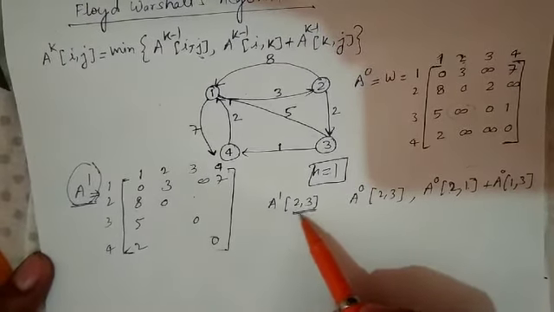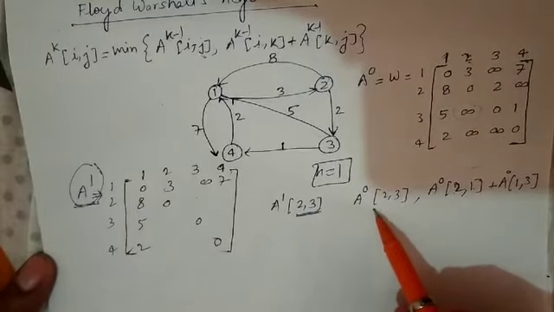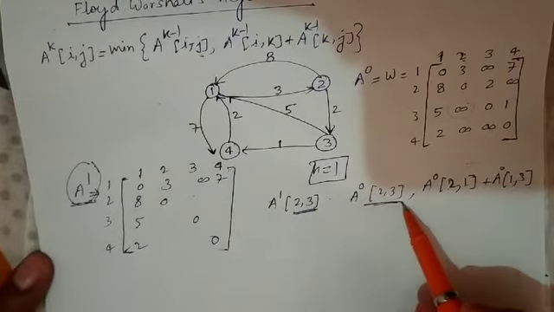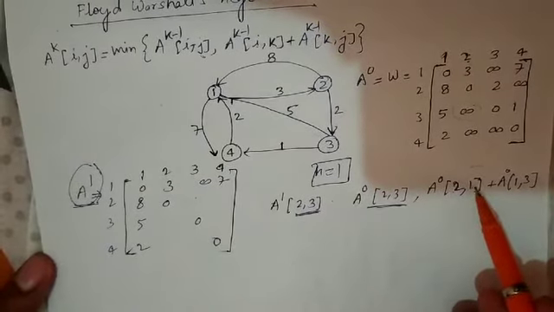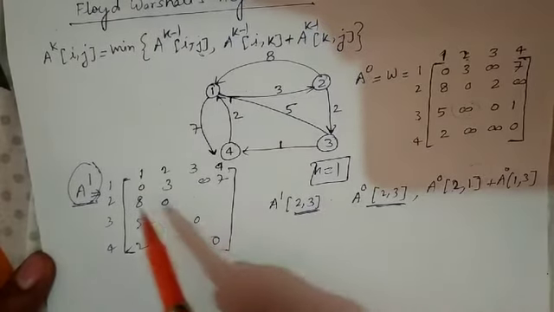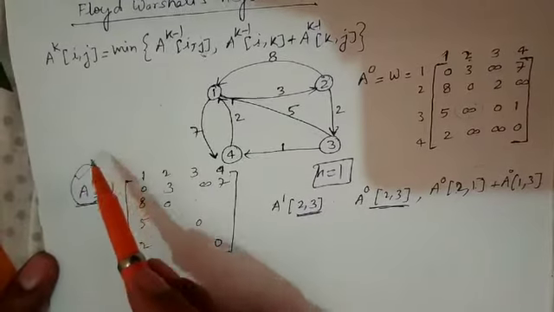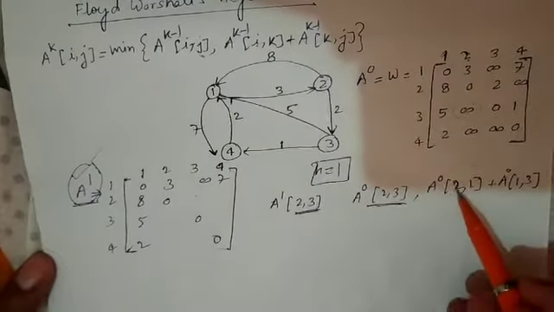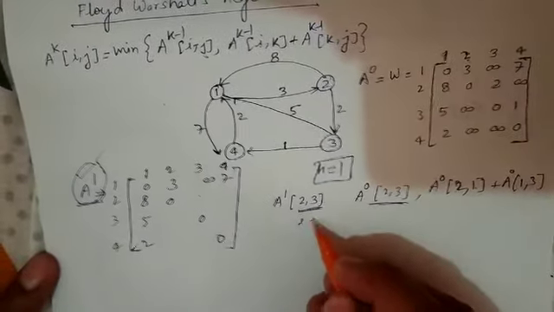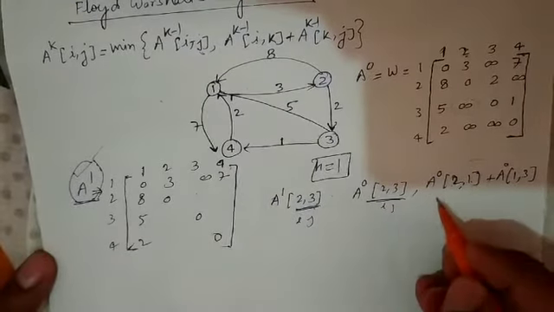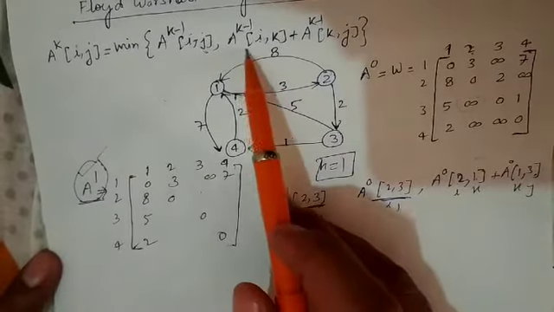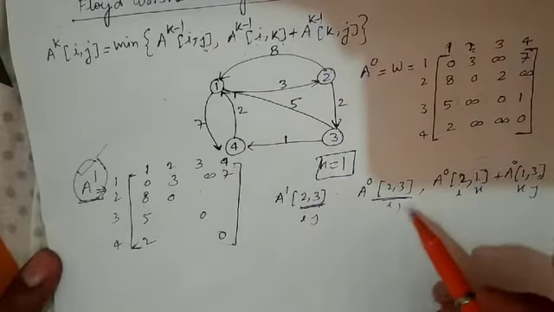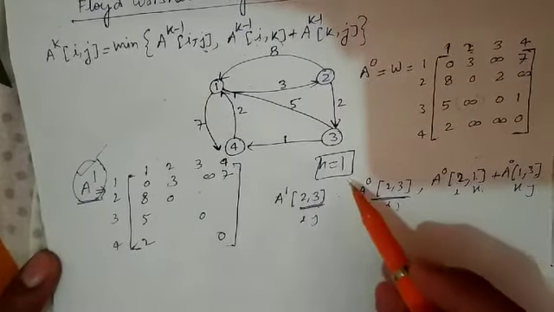We want to find the value of 2, 3. It will be either the previous value of 2, 3, or a shortest path which goes through vertex 1, because we are calculating matrix A1 and the value of K is 1.